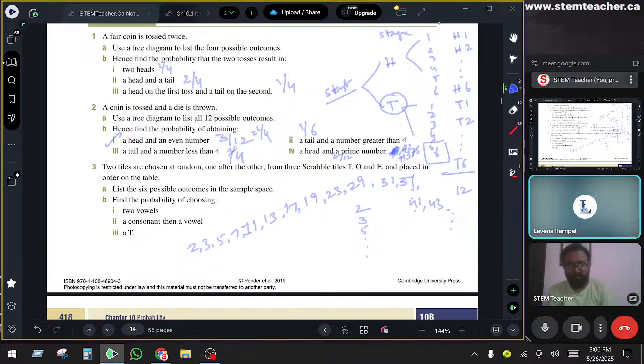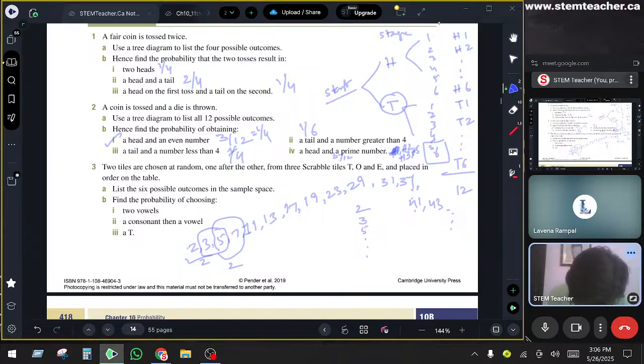Do you know what is the difference between 2 and 3? 1. What is the difference between 3 and 5? 2. What is the difference between 5 and 7? 2.